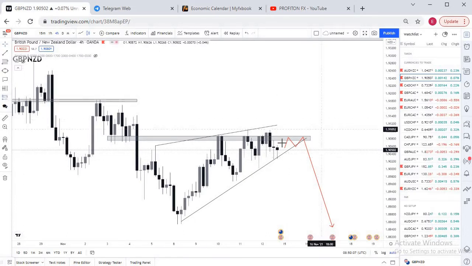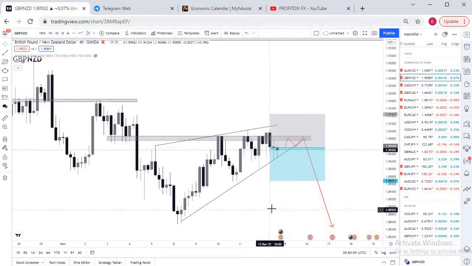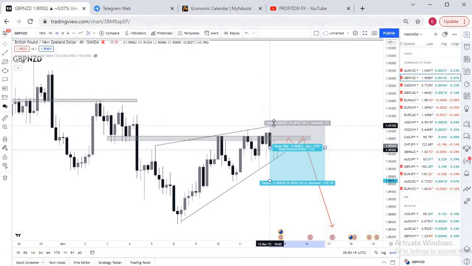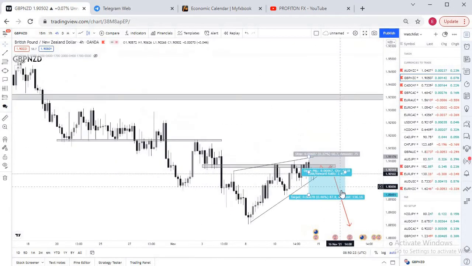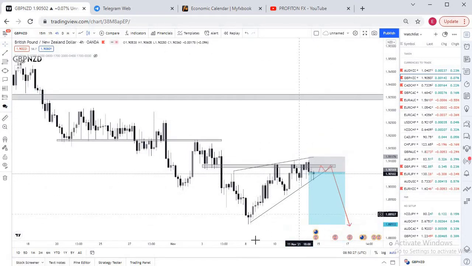It's really good for entry. My entry would have been at this point here, after this bearish rejection, with sort of like a triple top happening here, with my stop loss at around that level. Then I will be looking to short to these lows.